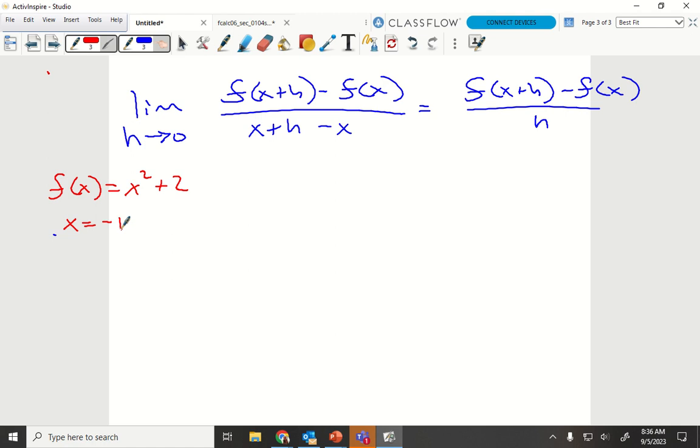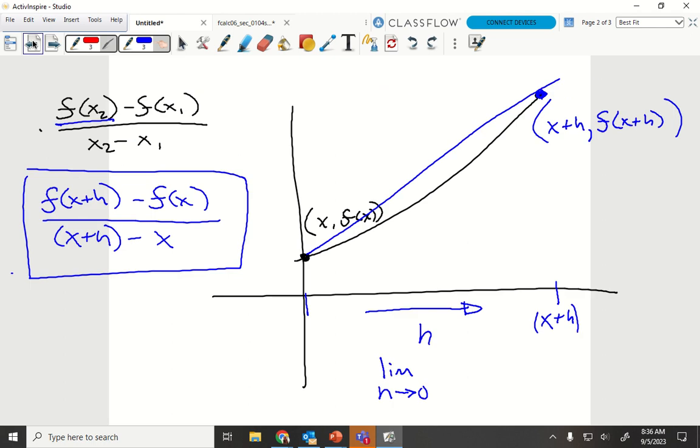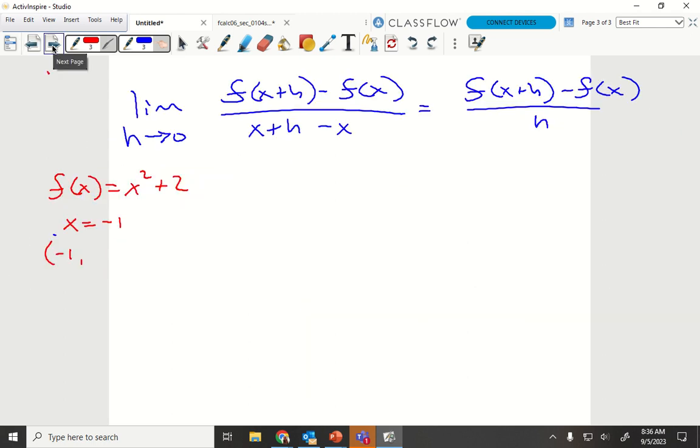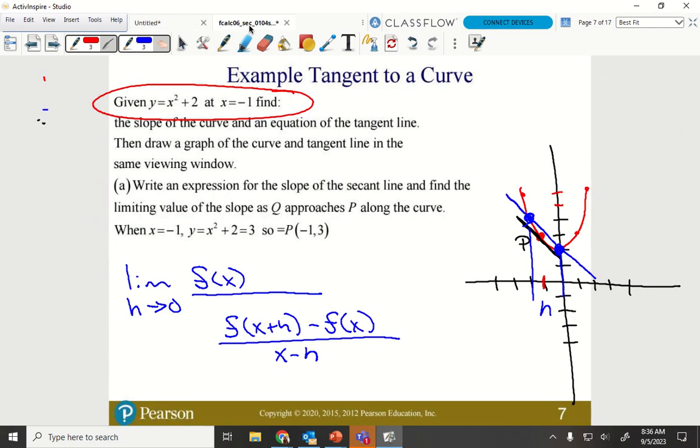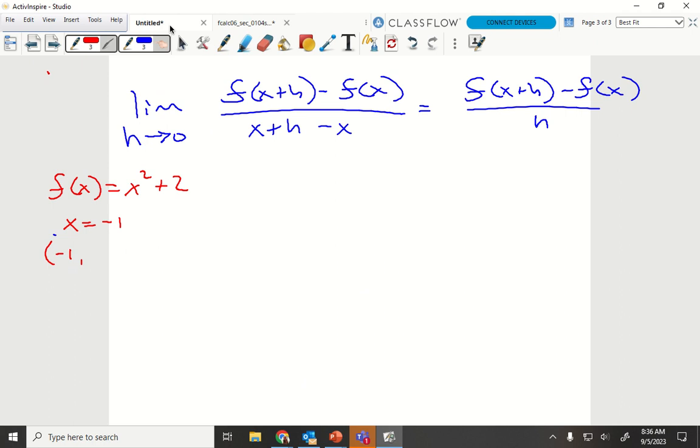So when x equals -1, I had a coordinate. It was -1 comma what? 3? You guys agree? Yeah, 3. All right. Let's use that information here, and we're going to plug this in to this over here to make my life easier.